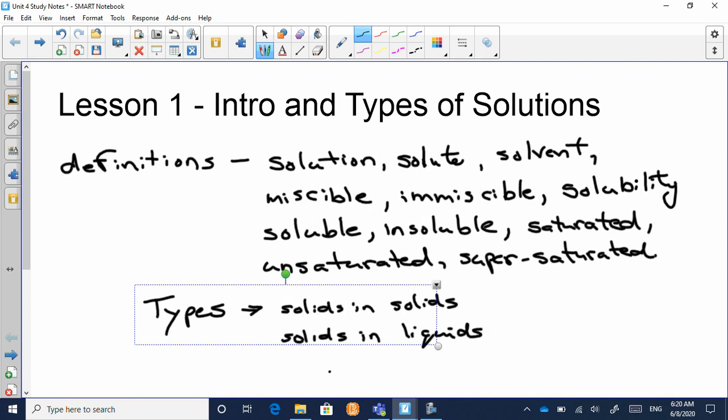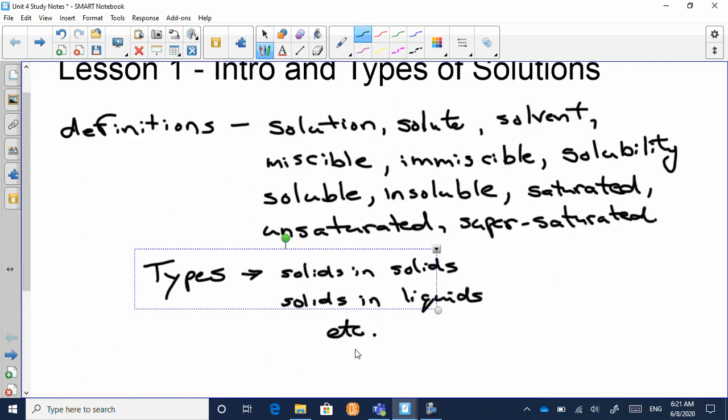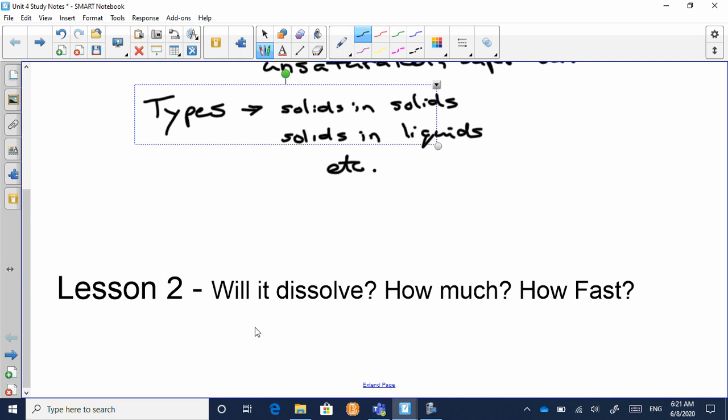So just having a different example of each of the various types, gases and liquids and so on. If you have those definitions and examples readily at hand, I think that's perfect for your study notes. Okay.